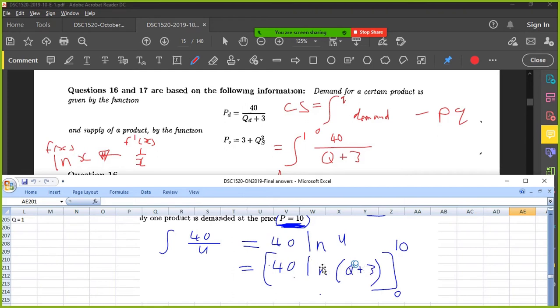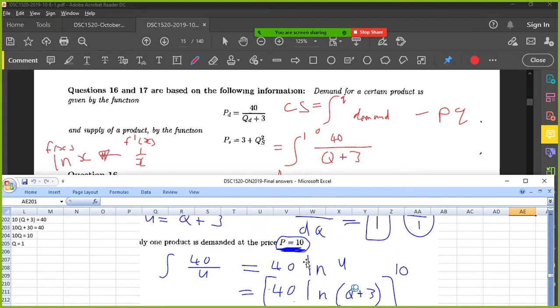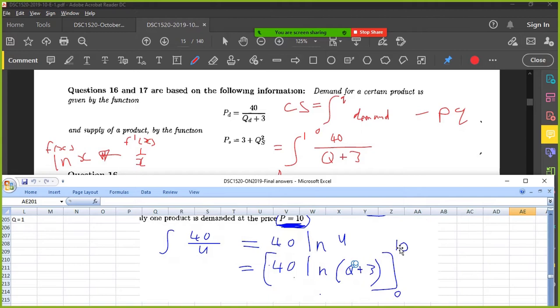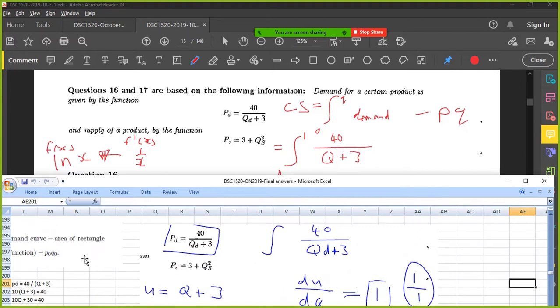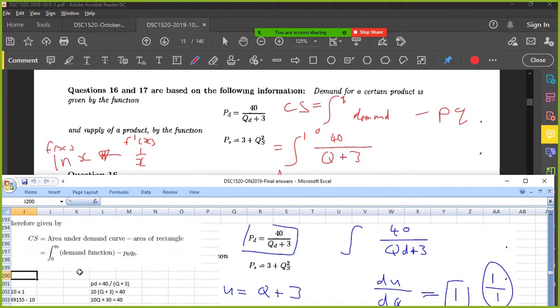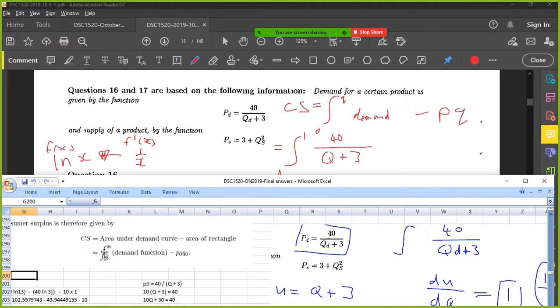Oh, okay, I see here I used 10 instead of 1. That might have been a mistake when we did this. I put a P here instead of a Q. Let's check that formula. Okay, yeah, that's a mistake there. The equation here is from 0 to Q. Do you see that?